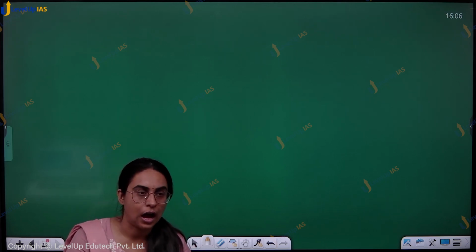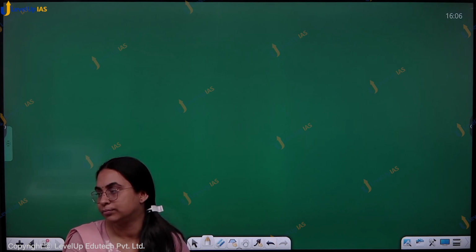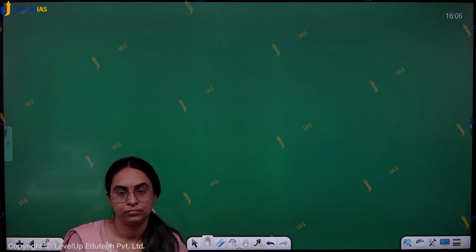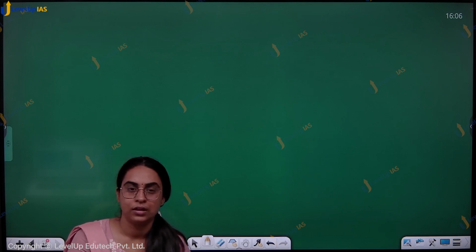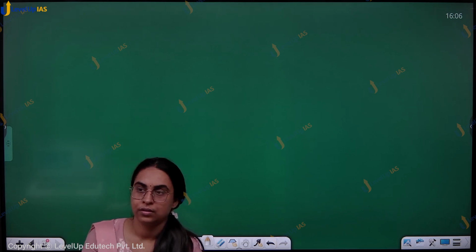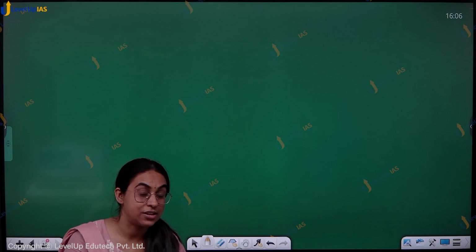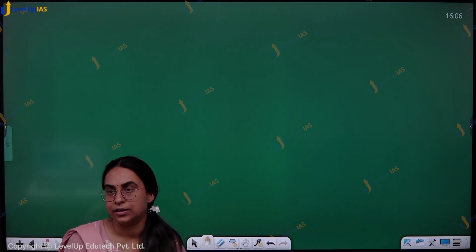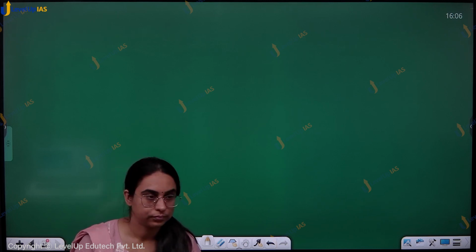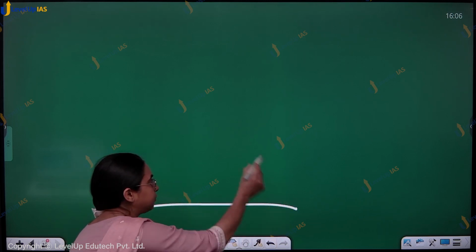In bracket, you can write outgoing long wave terrestrial radiation. This is the Earth's surface.